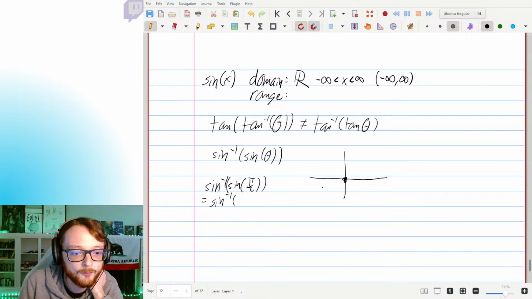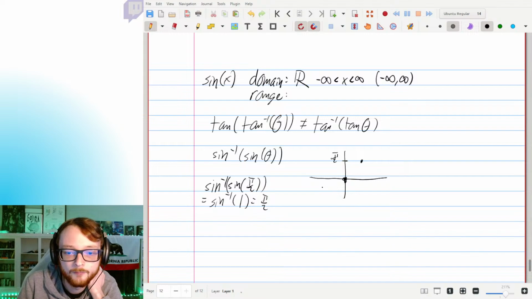So sine of pi over 2 is 1, but then inverse sine of 1 is back to pi over 2. So then up here at pi over 2, we get another point. And since we're doing a function composed with its inverse, we should suspect that this thing is going to be a straight line. We can do the exact same exercise with minus pi over 2.